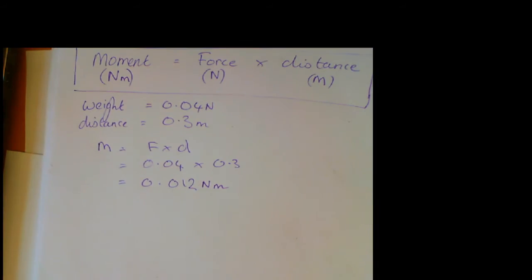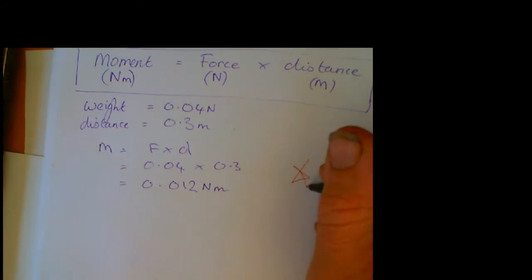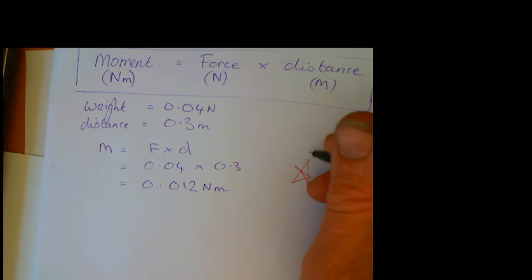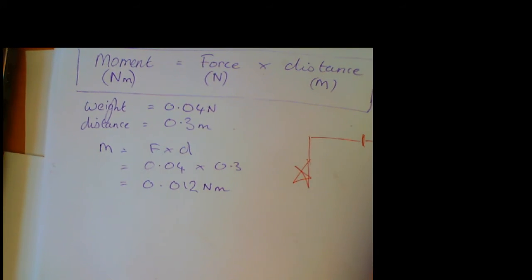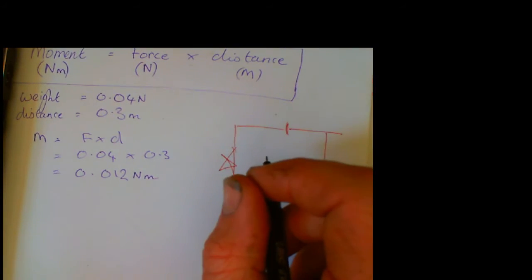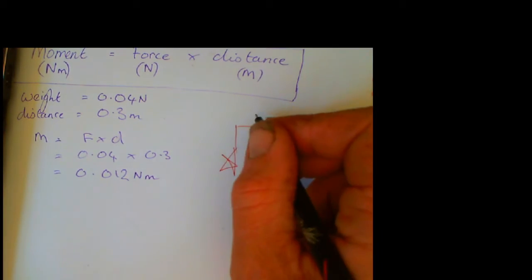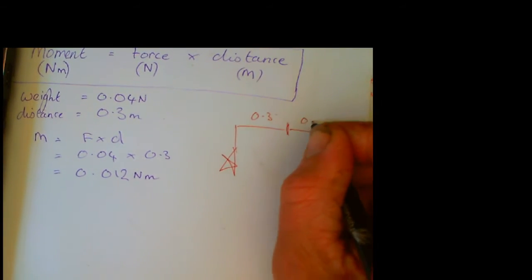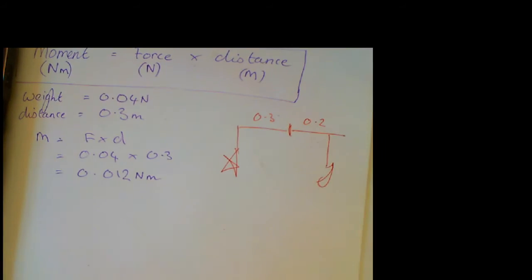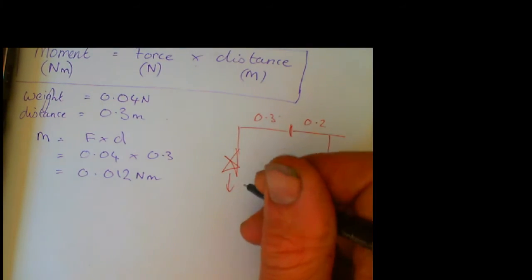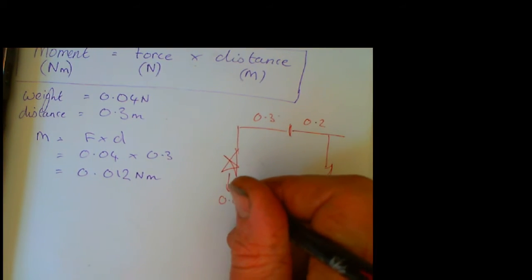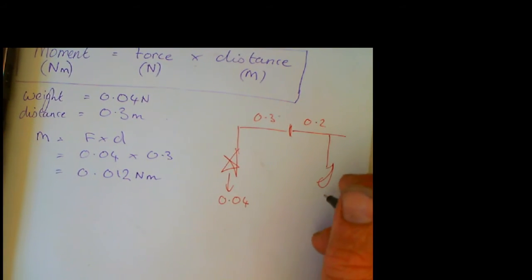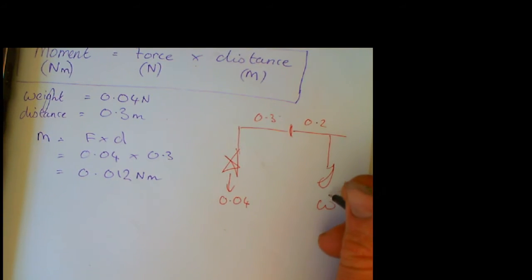Okay, so we've got our star, we've got our pivot, and we've got our moon. And what we're saying is that the star is 0.3 and the moon is 0.2. So sometimes a quick little diagram can help. And we know that the star had a weight of 0.04, and now we want to know what is the weight of the moon.